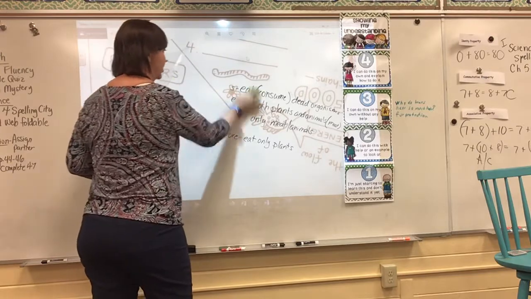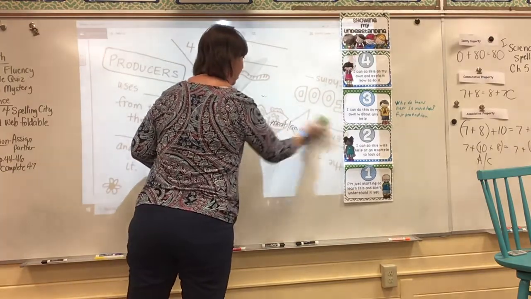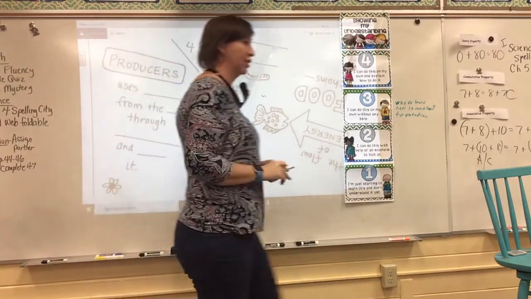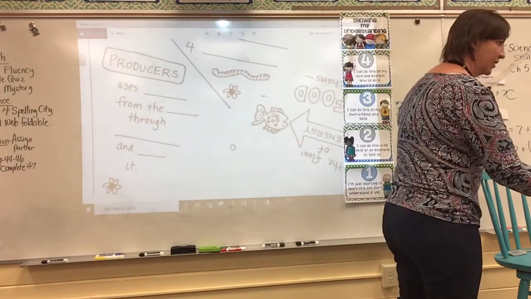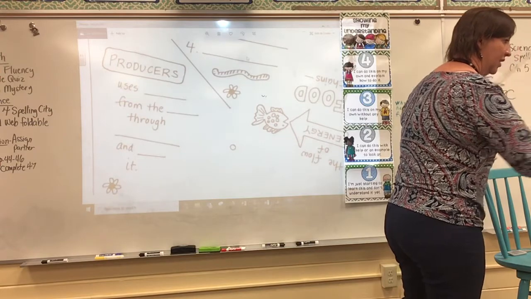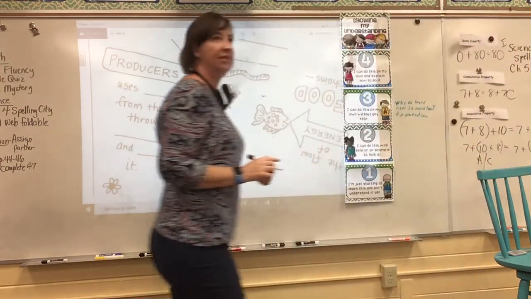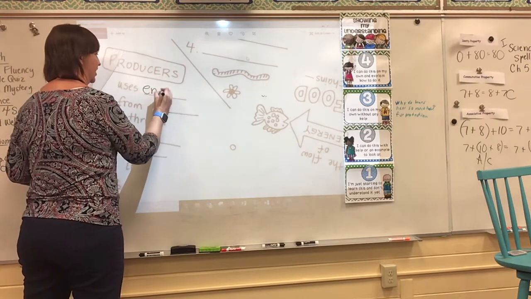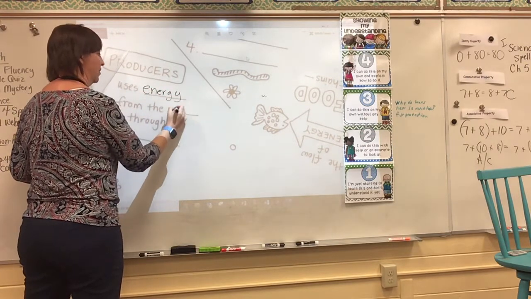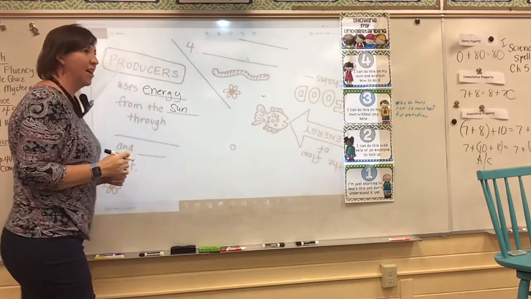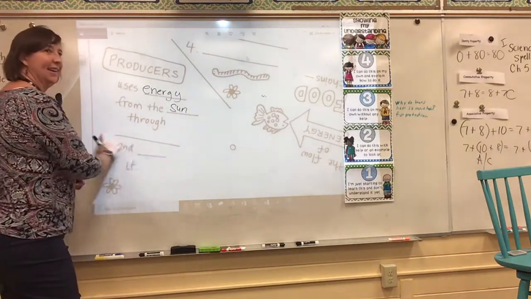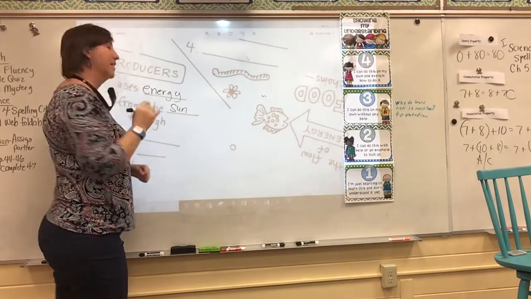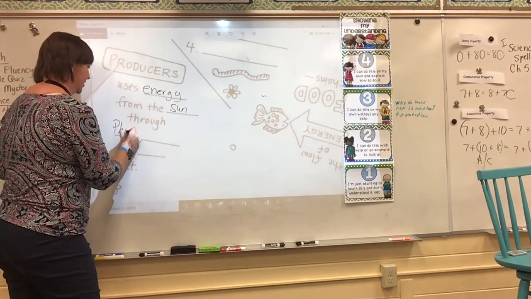Okay, so look on your paper where it says producers. Producers use energy from the sun through what? What is that process we learned in our very first chapter? Photosynthesis. Very good. Photosynthesis.